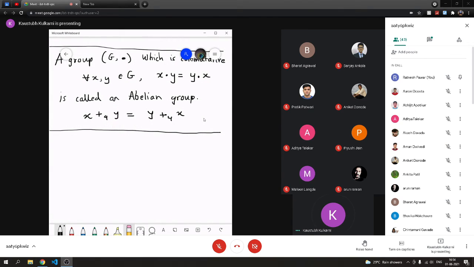Now a ring. A ring is a set R along with, now for a group we had only one operation. Now for a ring we have two operations.